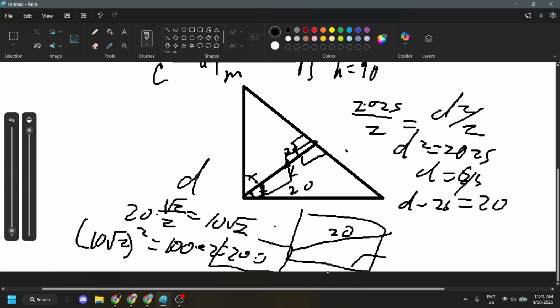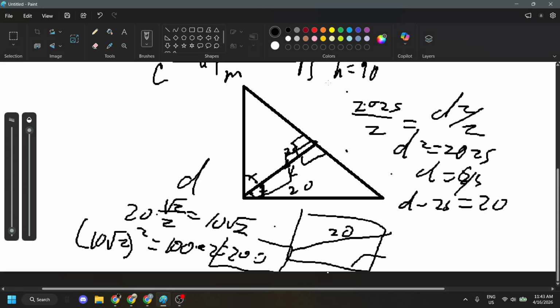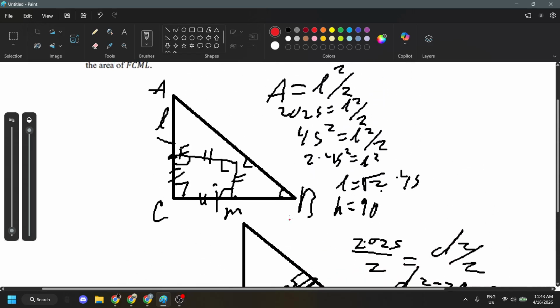I believe this is correct. I don't see where I could have gone wrong here. Let me check. Let me check. I did in fact get it right. I got it right. I got it correct.